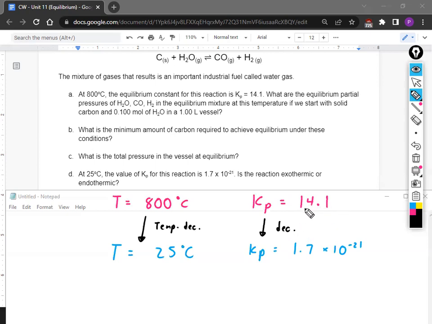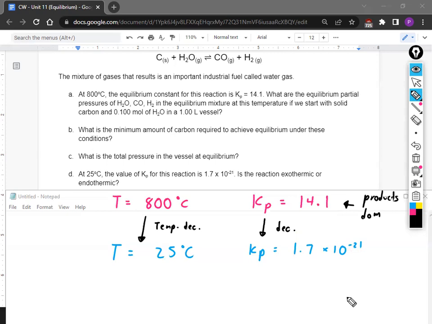The Kp tells us whether the reactants or the products dominate. At 800 degrees Celsius, do we have more products or more reactants? Obviously more products, because we have a number greater than 1. So the products dominate at 800 degrees Celsius.